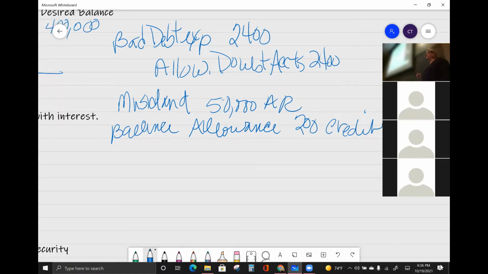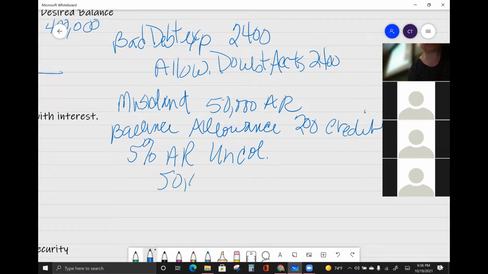So we'll need that for this calculation, but not for sales, okay? And we determined that 5% of accounts receivable is going to be uncollected. Okay, so we're going to do the same thing. We take the sales, multiply it by the percentage. So we'll have 50,000 times 5%.